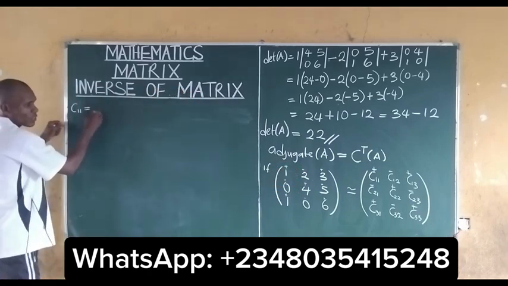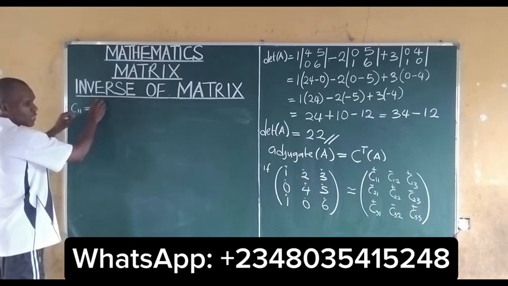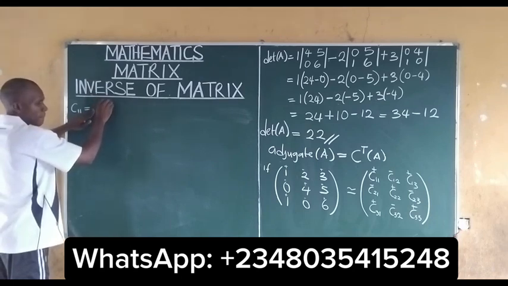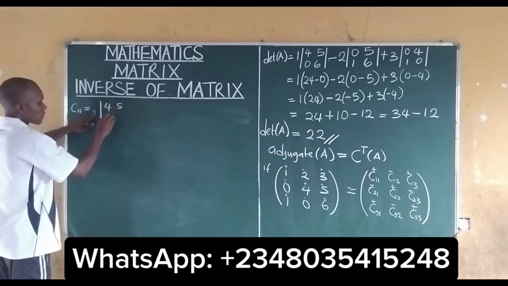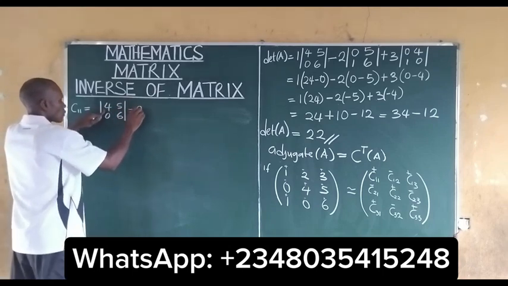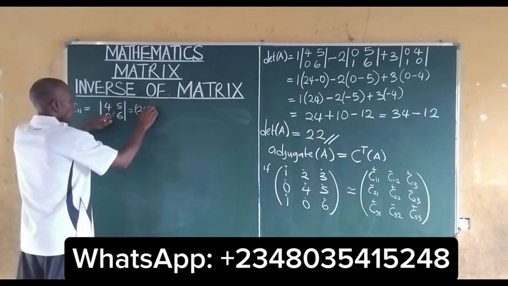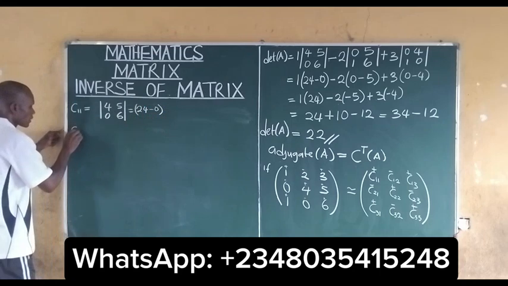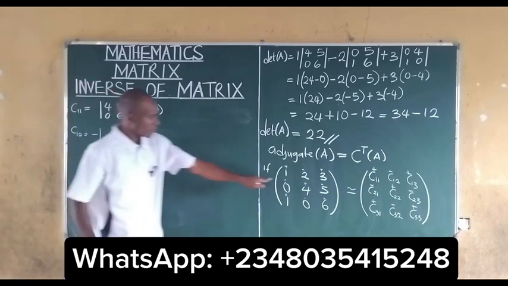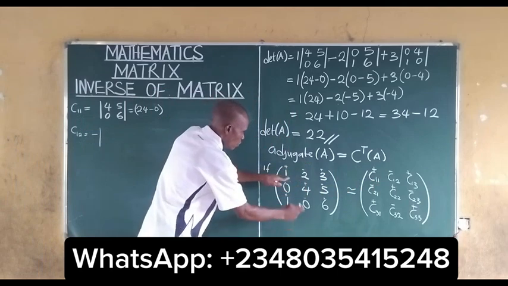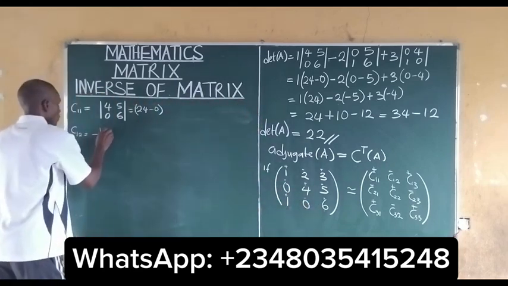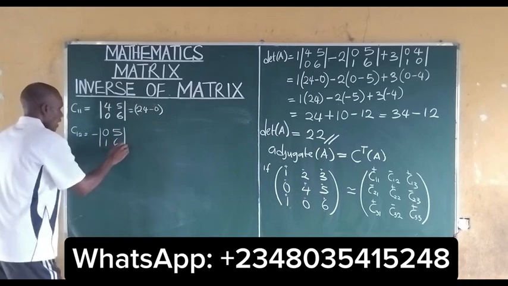So C11, the first one is positive, gives us the minor 4 5 0 6, which is equal to 24 minus 0. C12 is negative, so we ignore the whole of this row and column, and we get 0 5 1 6.